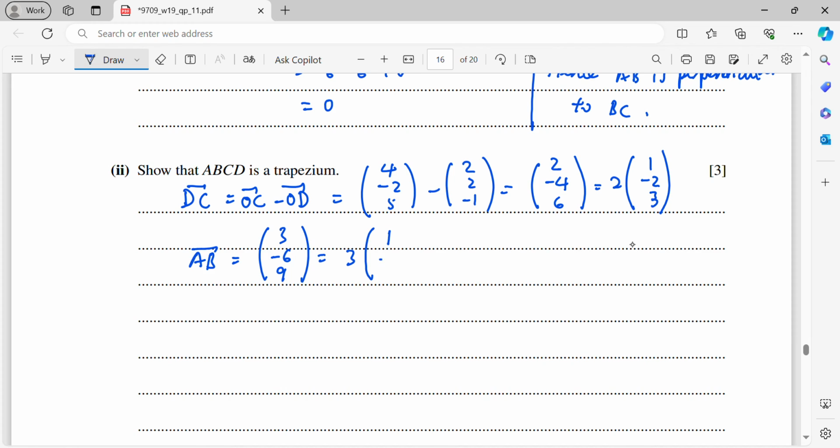Then I will get (1, -2, 3). Okay, so then from here, I will just get the ratio, because I want to show that they are parallel to each other. So DC over BC, sorry, this over AB, not BC.